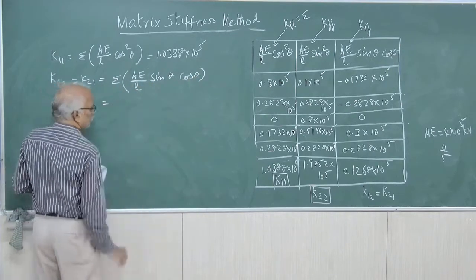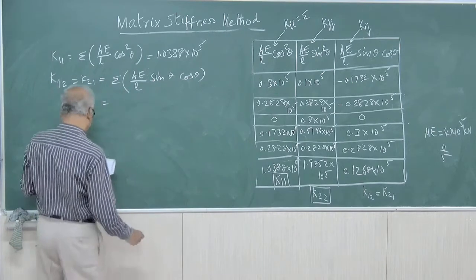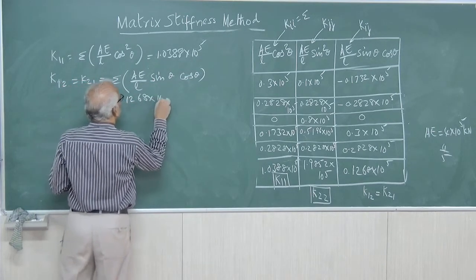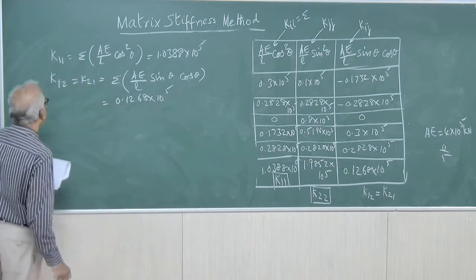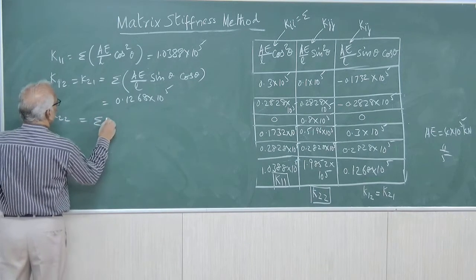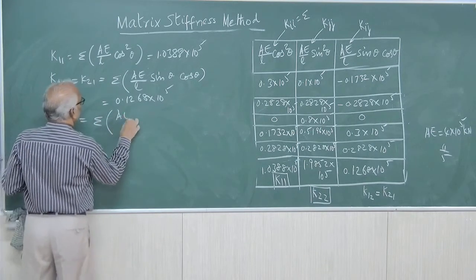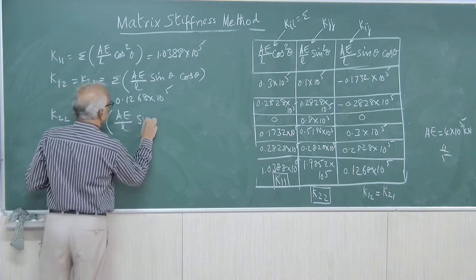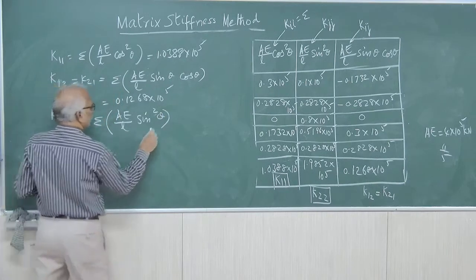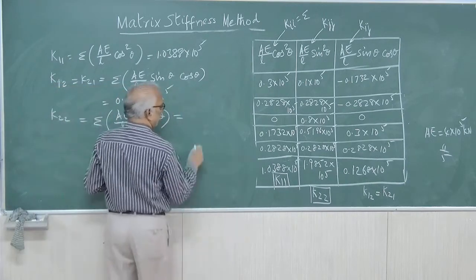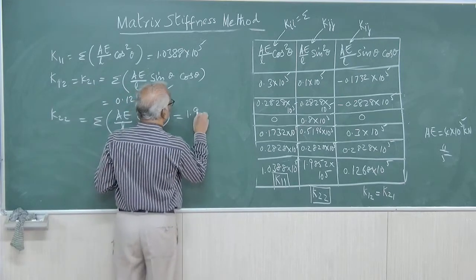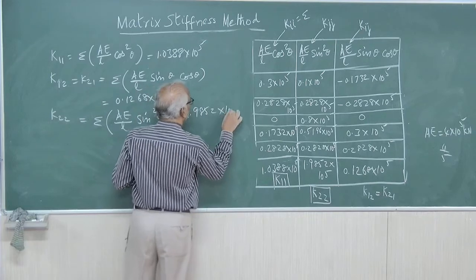Now that value is the third value, 0.1268 into 10 power 5, and K22 we know it is sigma AE by L into sin square theta, and that value equal to 1.9852 into 10 power 5.